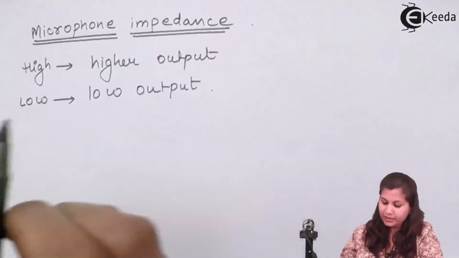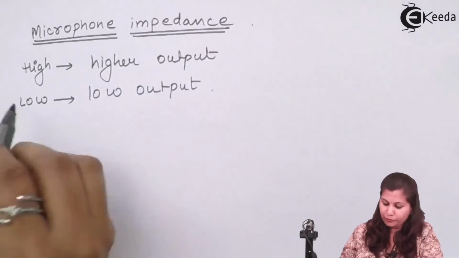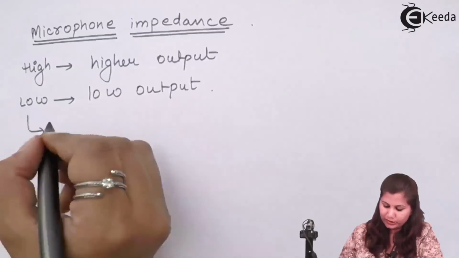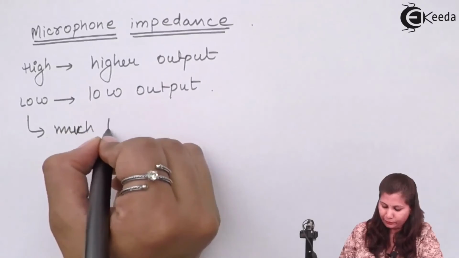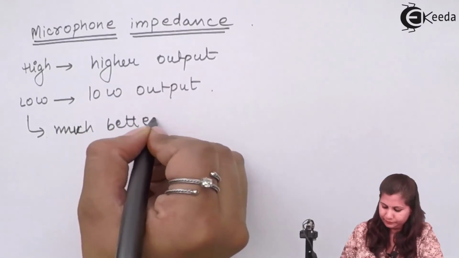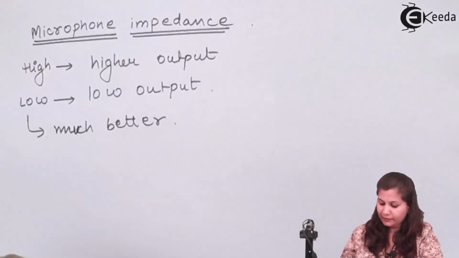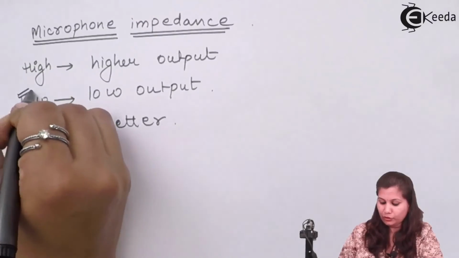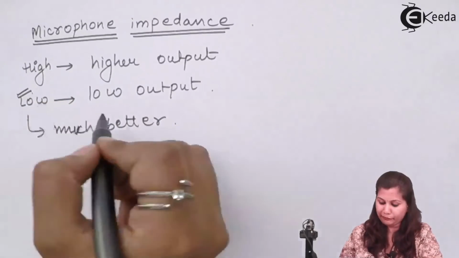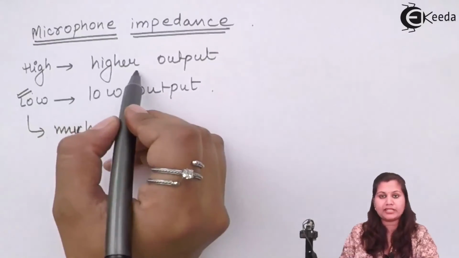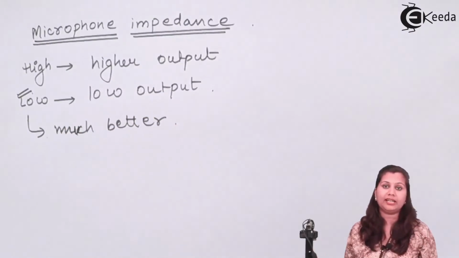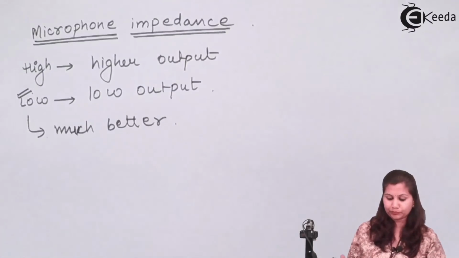But despite giving low output, the low impedance microphones are much better than the high impedance microphones. That is why in most applications the low impedance microphones are preferred over the high impedance microphones, despite the advantage that they provide a very high output.